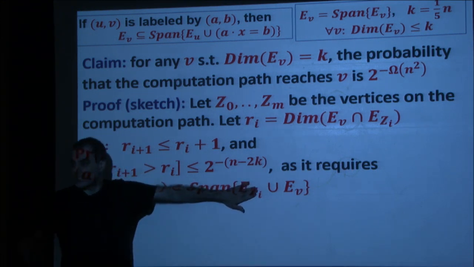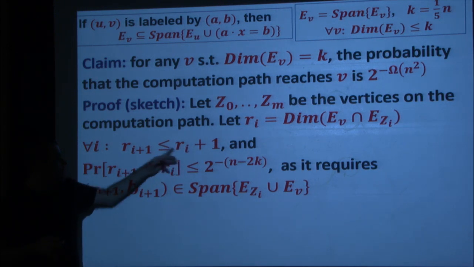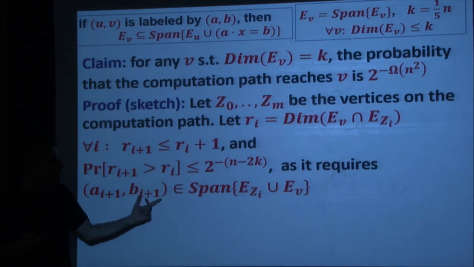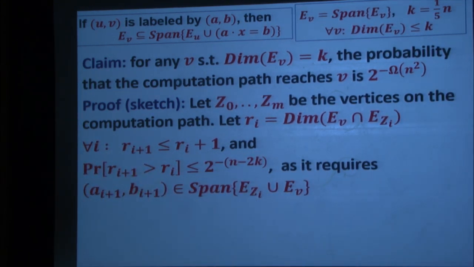Suppose that EV was empty. Then Ri is of course 0. If you want Ri plus 1 to be 1, you need Ai plus 1, Bi plus 1 to be in the span of EV. You need the new equation that you get to be in the set of equations EV in order to increase Ri plus 1 by 1.